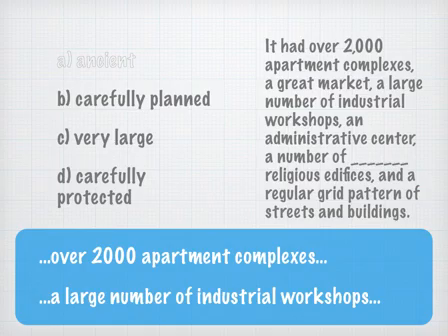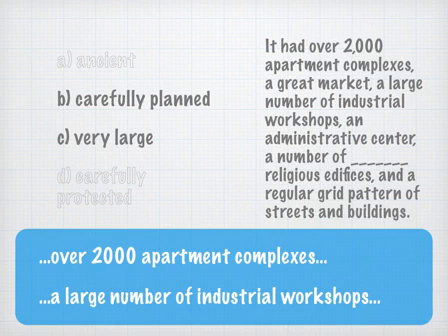We can see there's a large number of things, there's a lot of them, and some of them are big, there's a great market. Some of these things are big, some of these things are designed to accommodate a lot of people. So we can get rid of answer D, which is carefully protected, which leaves us with two that are more obvious in the context of the paragraph.